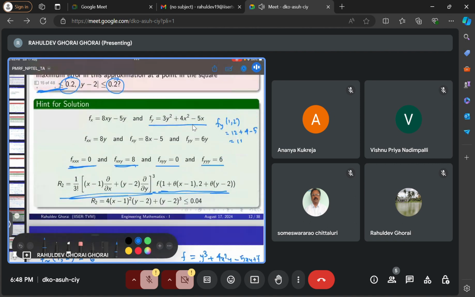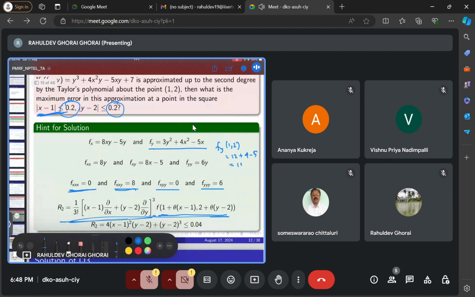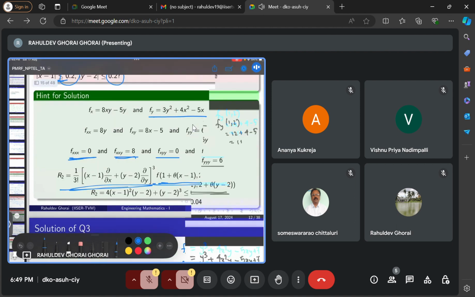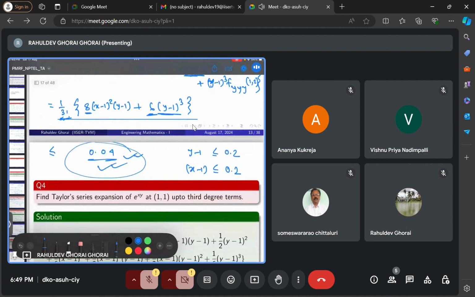So when you are approximating this using the second degree Taylor's polynomial, then the error can maximum be 0.04.